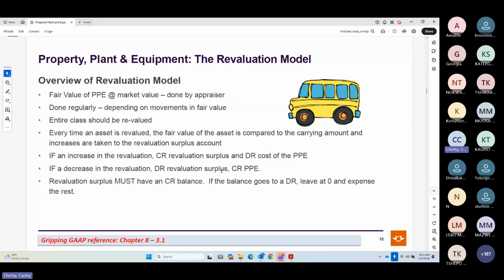This means that you can only have a decrease in the revaluation surplus account up to the rand value of what the previous revaluation surpluses were. We'll see this in an example just now, but the revaluation surplus must have a credit balance.